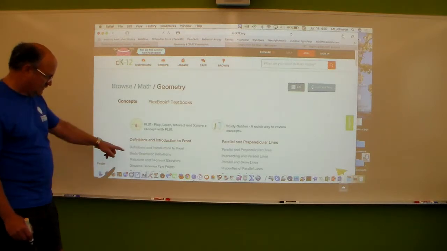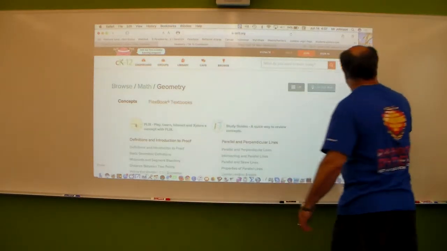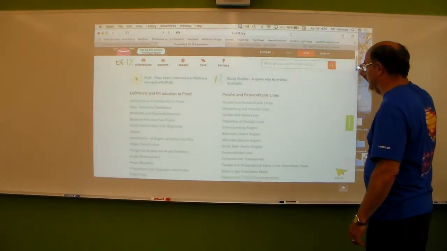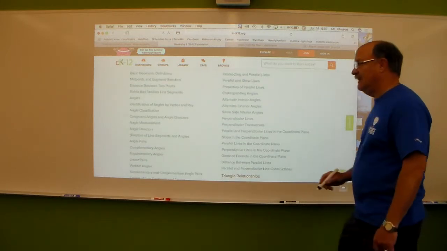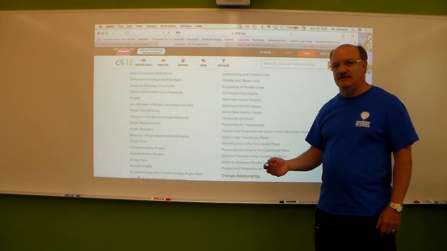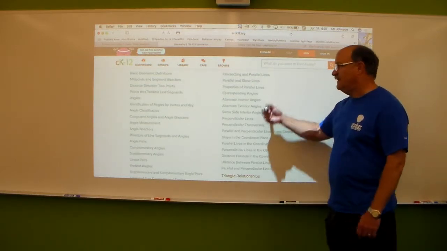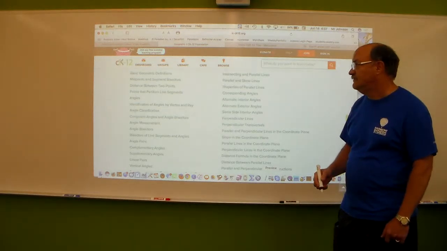So here's basic geometry definitions, parallel and skew lines. Okay, these are all, again, information about how to do various topics. Angle bisector, angle measurement. So you can go right to the website itself and you can find information that will give you a video on how to do the topic.